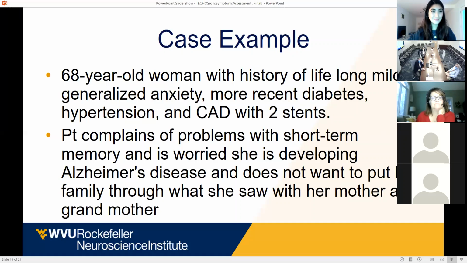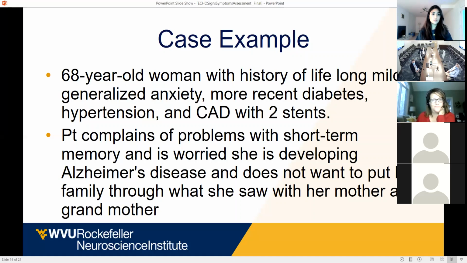So this is a 68-year-old woman who has a history of lifelong mild generalized anxiety, or what we call worry-wart. More recently, she's developed diabetes. She has hypertension. She has some coronary artery disease with a couple of stents that were placed a couple of years back.